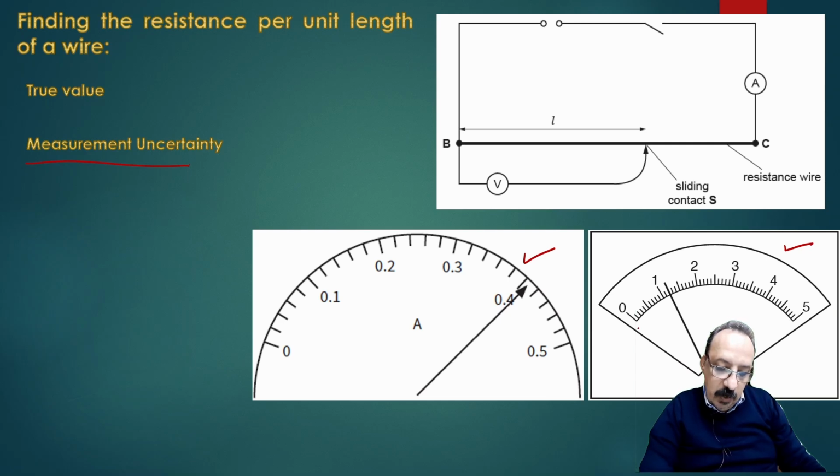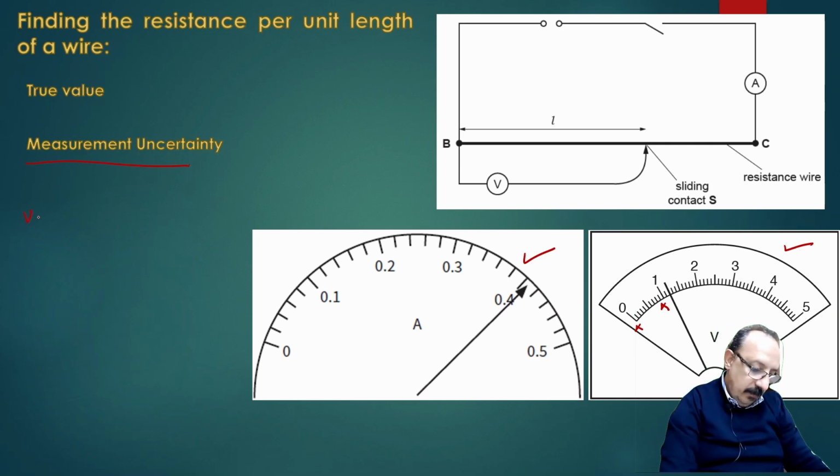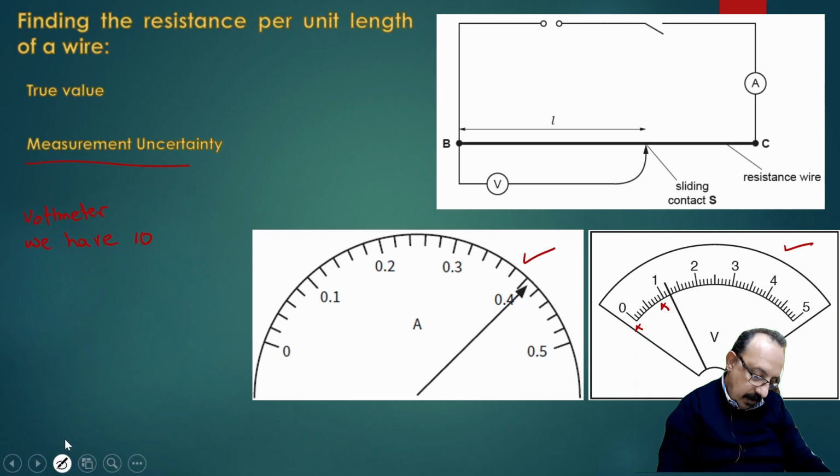Okay, we know from 0 to 1 on the voltmeter we have 10 divisions.